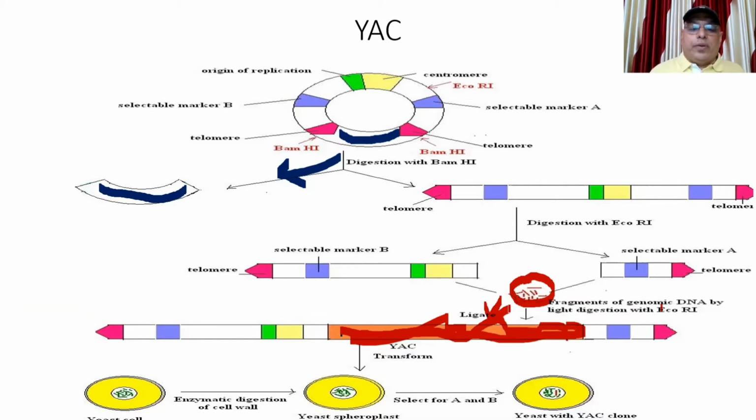And now we have got the YAC, the artificial chromosome with the insert, that is, with the choice of DNA which we wanted to transfer to the new site, and now it has been entered, and so it acts.